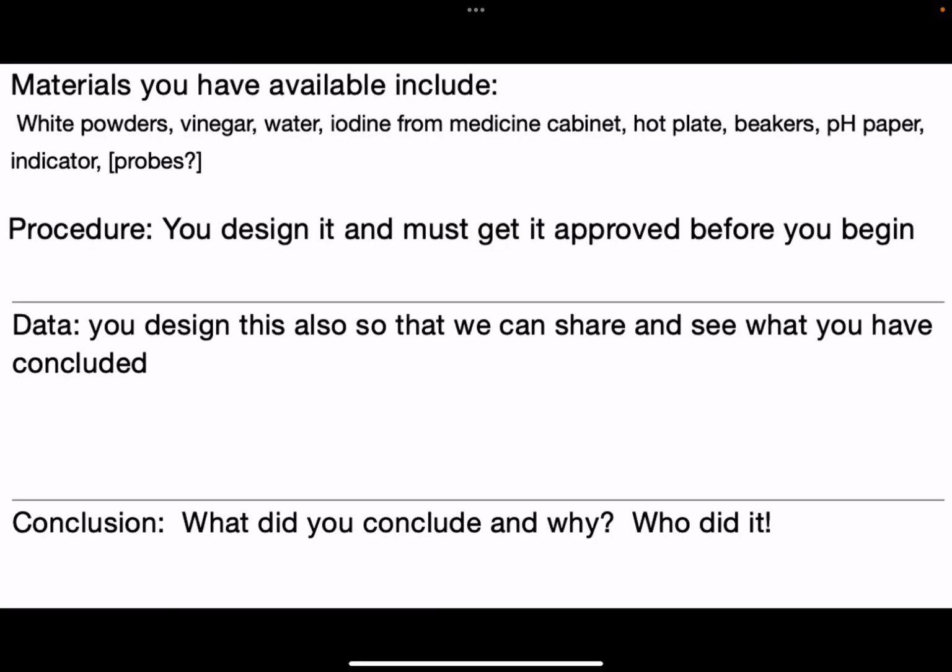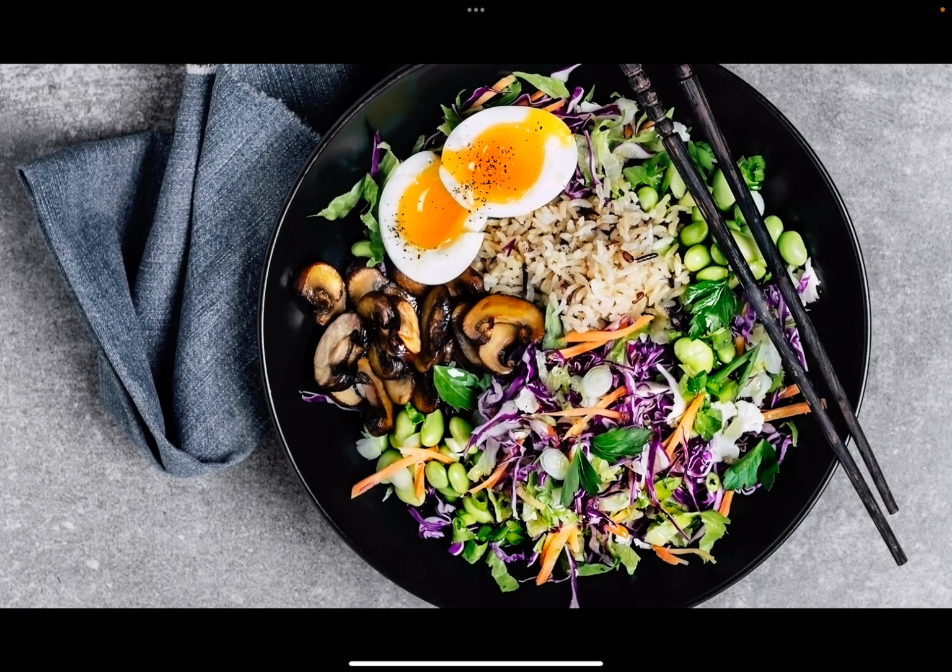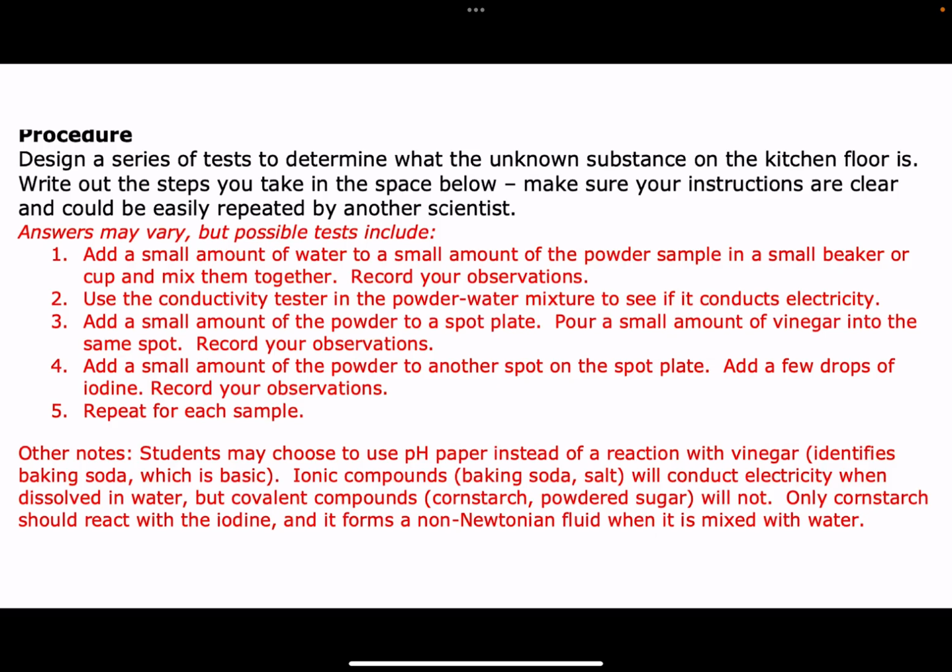Okay, so we had our suspects. We talked about procedures, so you write them out like a list. This is a possible procedure you could use. Add a small amount of water to a small amount of powder sample in a small beaker or cup and mix them together, recording your observations. Use the conductivity tester on the powder-water mixture to see if it conducts electricity.